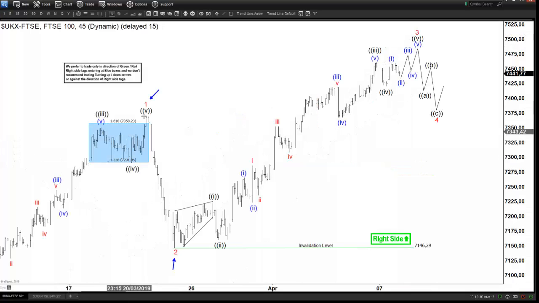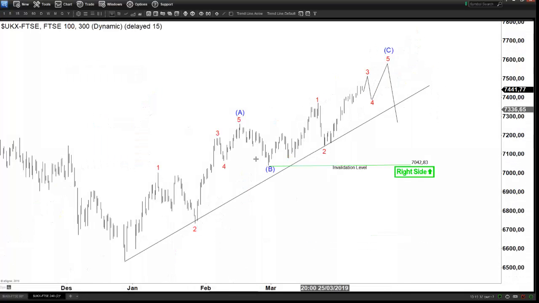This is wave 3, and this is 1 and 2 in red. So you can see that this move higher, we label it at least as an ABC type, or it can even be 1 2 3. You don't know if it's 1 2 3 or ABC, but for now we are labeling it as an ABC, which is a conservative way to label it.